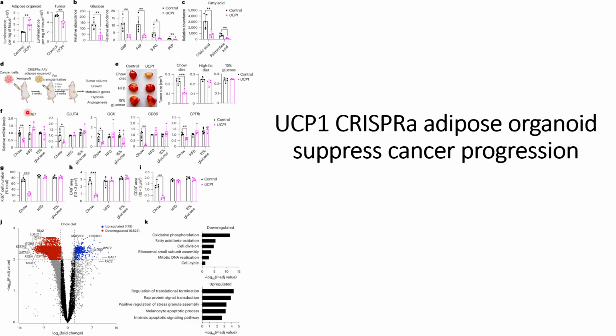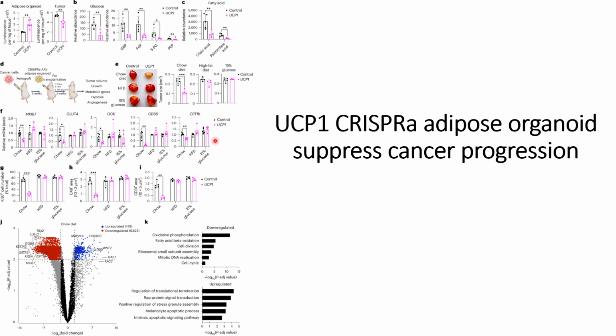And they checked the other markers also, the proliferation markers. They can see the proliferation markers also go down for the CHO diet but not for the other diets. And the other markers such as GLUT4, GCK, CD36, and UCP1 also show significant changes for the CHO diet but not for the other two conditions.